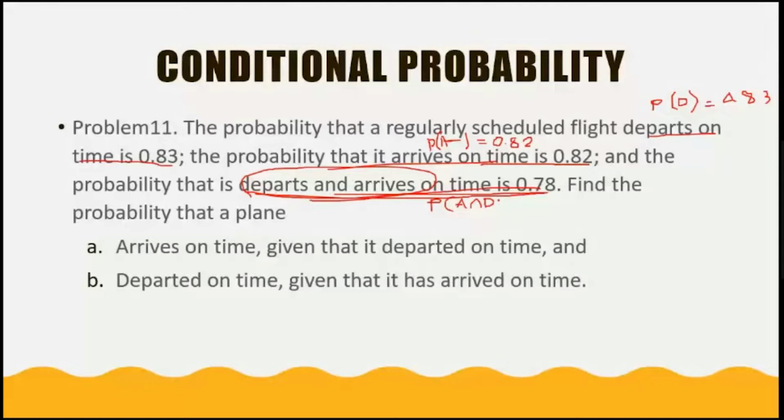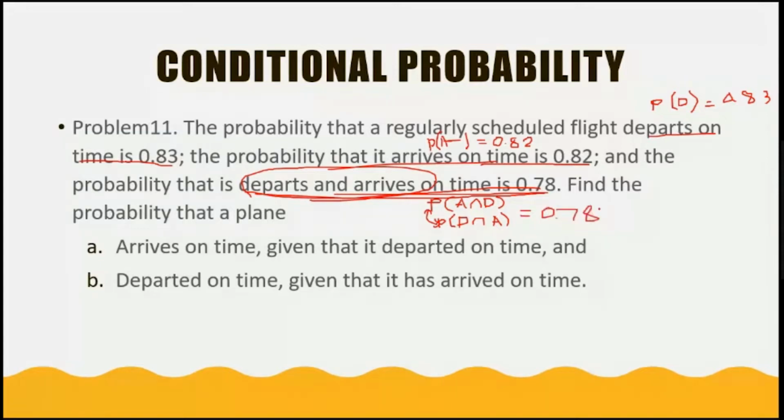Again, we can interchange this by the rule of Boolean algebra, or even of sets, using the commutative law. So we can just say that these two are equal. So this is equivalent to 0.78.